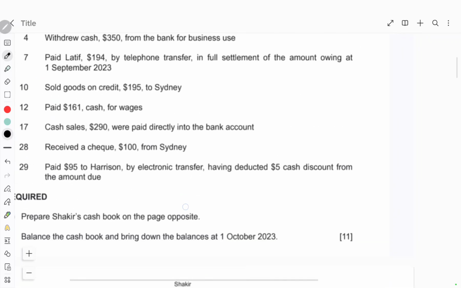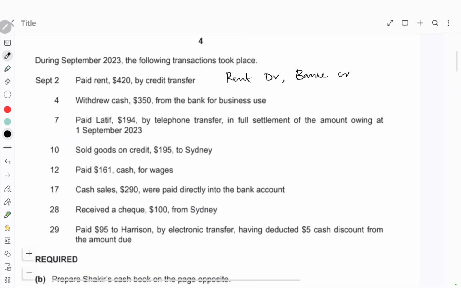Okay, and the next transaction is the fourth, withdrew cash 350 from the bank for business use. Here, if anything is withdrawn for personal use it is called drawings, but this is not for personal use, it is for business use. So this kind of entry is known as a contra entry. What is the double entry here? Withdrew cash 350 from bank, isn't it?